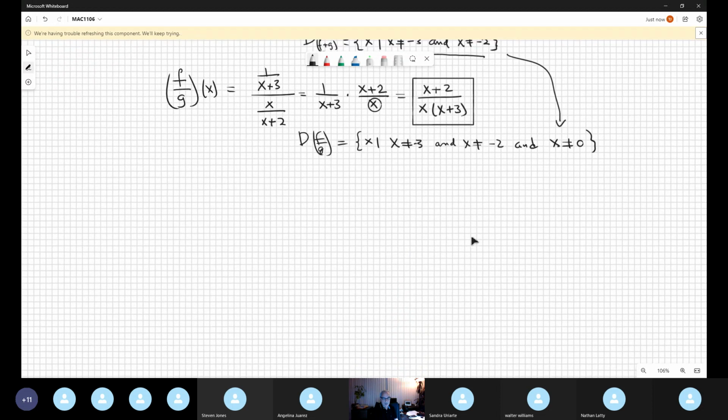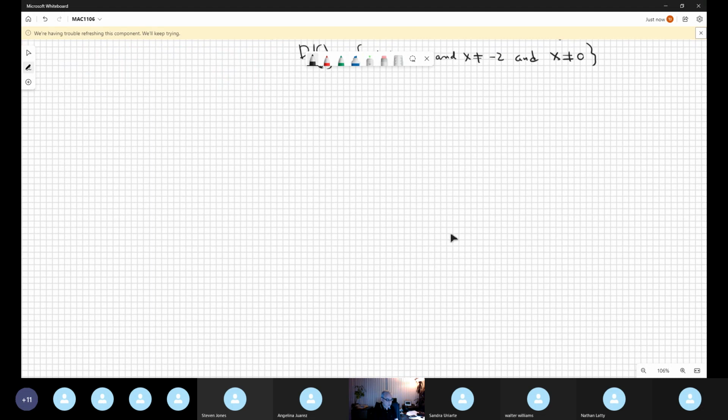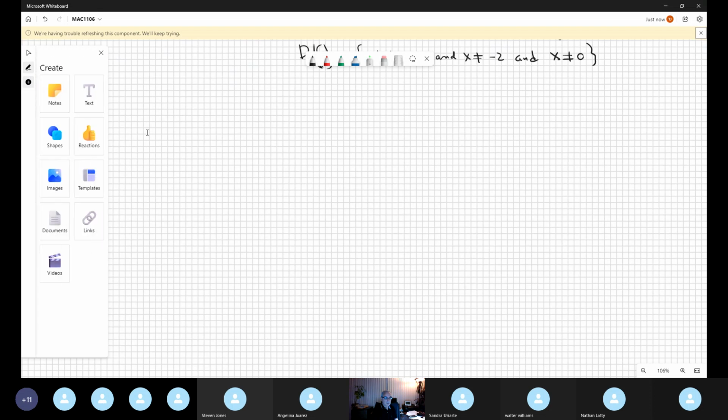We have another, way more complicated and useful way to combine functions, which is using function composition. Spelling is correct?